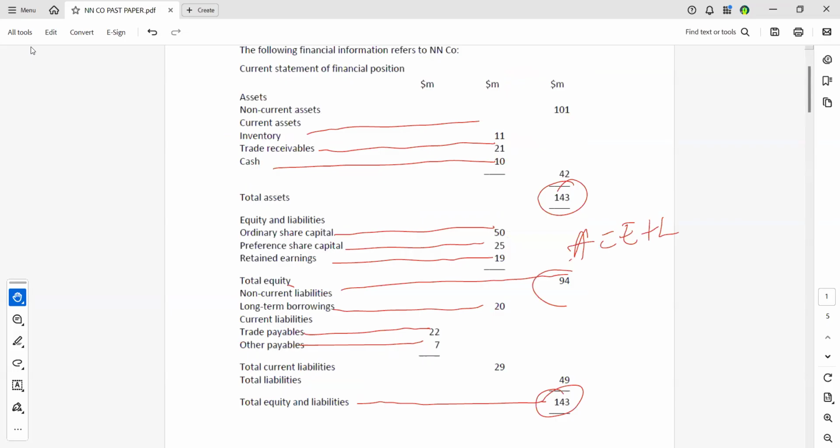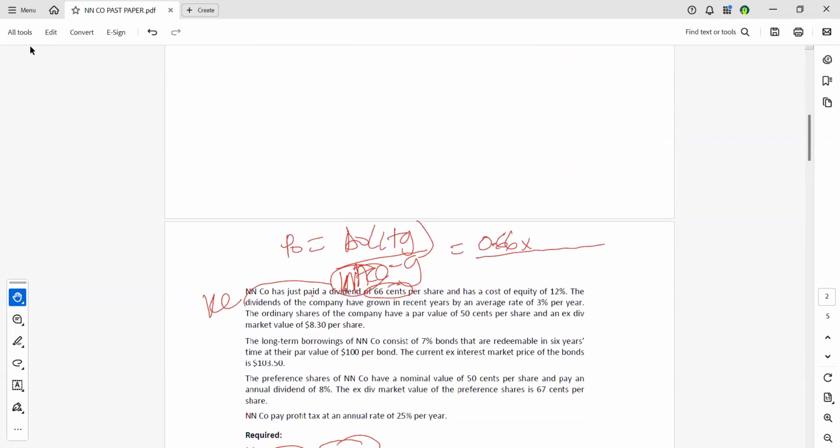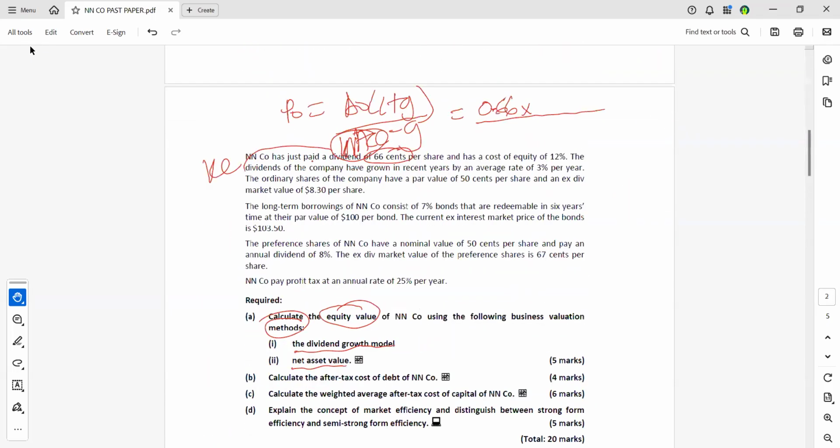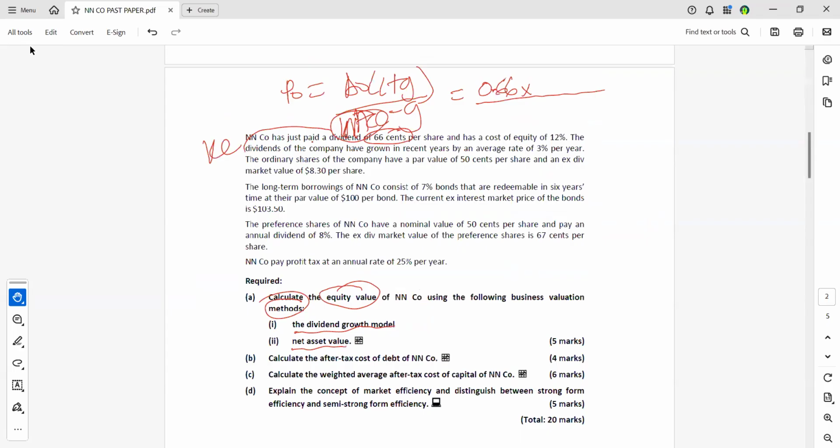See the non-current liabilities: this is the debt component, and this is the equity component. In that case, we would have gotten it wrong. So please, when you are solving past papers and you get here, we are not using the WACC, we are using Ke because the examiner said calculate the equity value. He is not asking you to calculate the overall value of the company using equity and debt. So if today we are saying calculate the equity value and we use Ke, and the next day we say calculate the market value of the company and you still use Ke, you get it wrong.